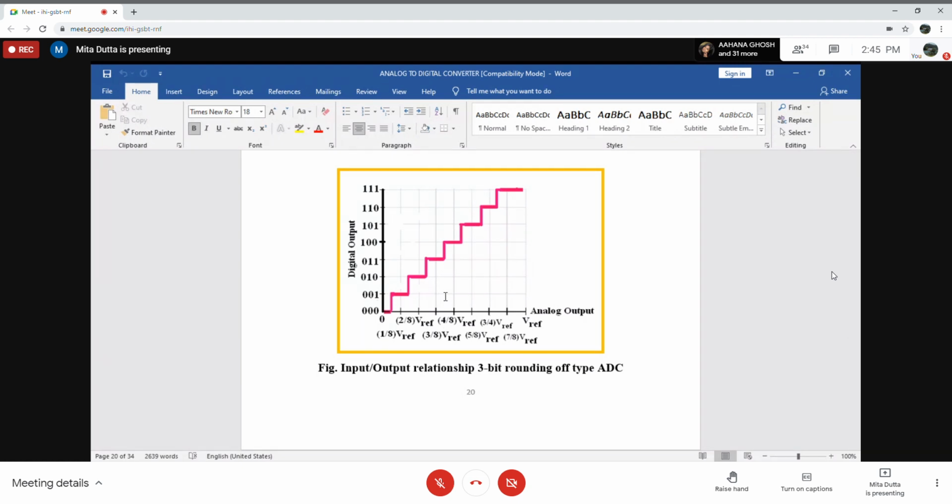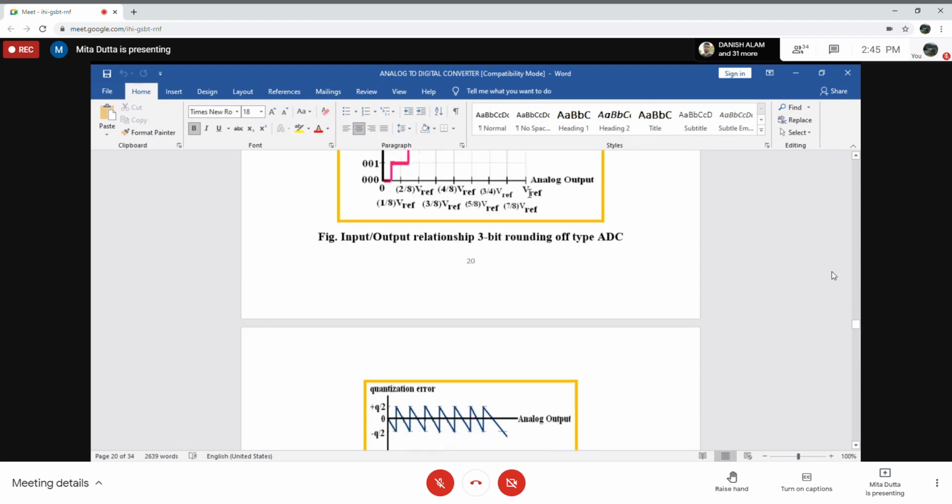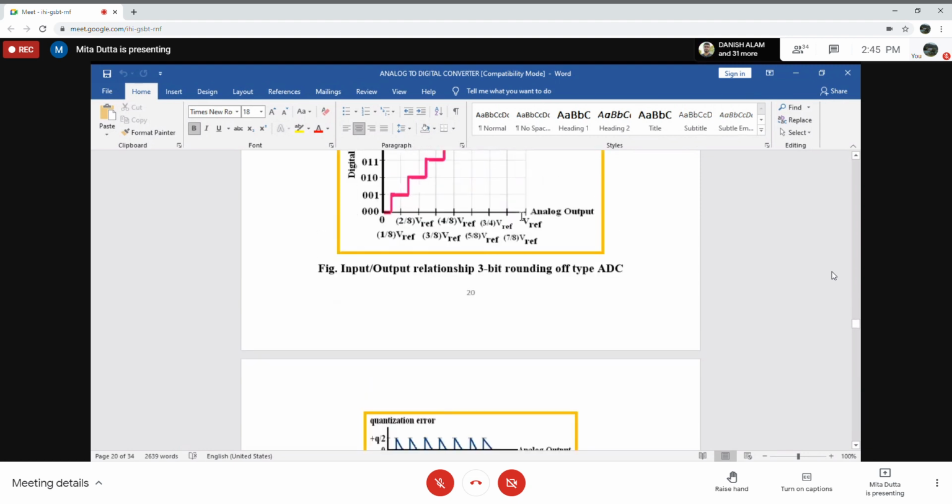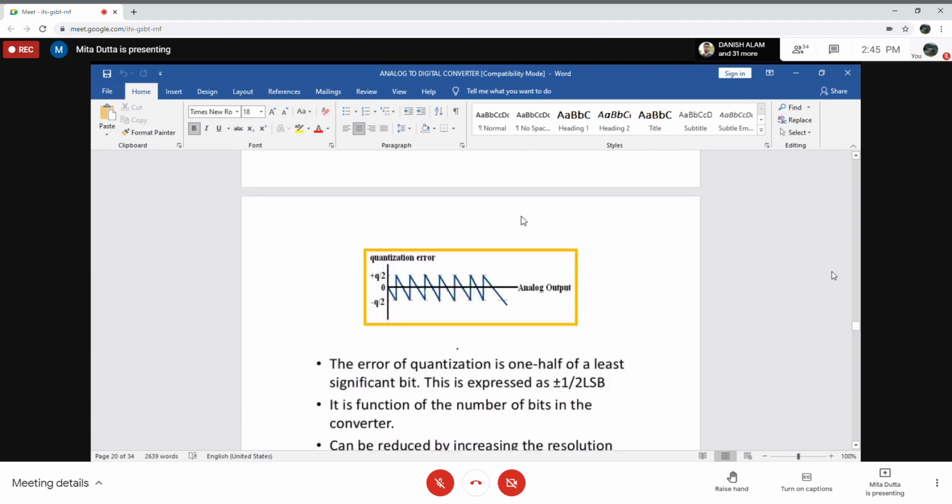For the first step, the quantization step will be 0.5 LSB or Q by 2, and for the last step, which is from 110 to 111, it is 1.5 LSB. And with the help of this, we can limit our quantization error within plus minus half LSB.